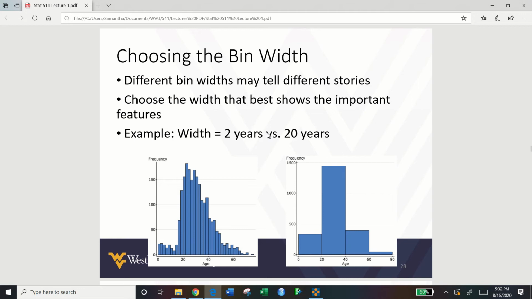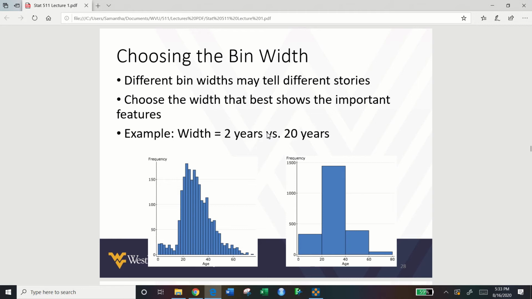So for example, still taking into account our Titanic data set, we can make, on the left, each bar represent 2 years, where on the right, we see each bar representing 20 years. Again, all depending on what we're looking for will tell us the correct bin width to use.